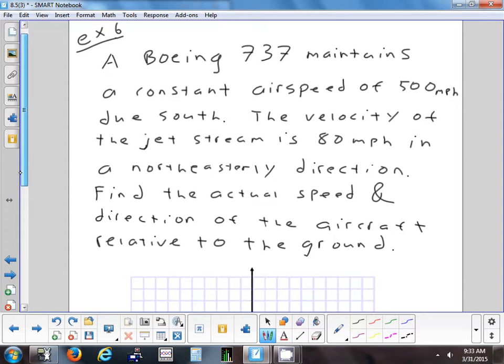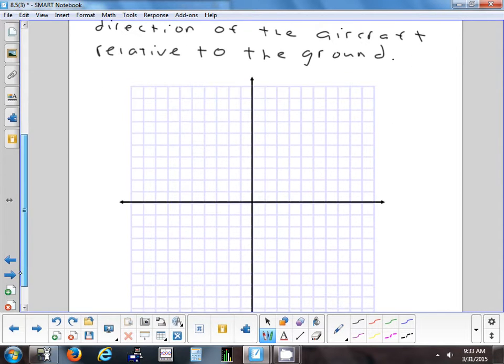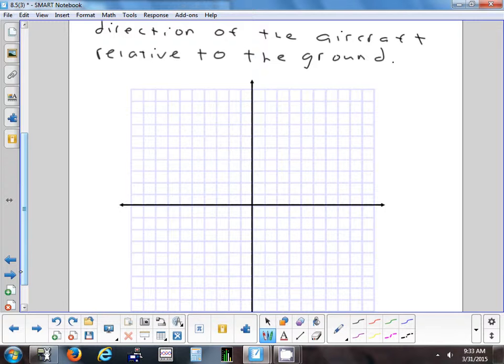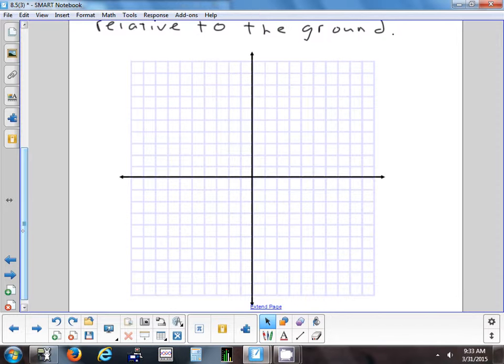Okay, so the first thing is we have a plane that's maintaining an airspeed of 500 miles an hour south. So let's sketch that. Okay, so on our grid, why don't we set it up, let's see.